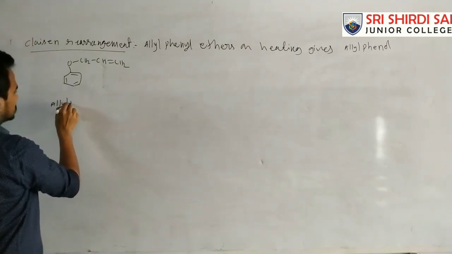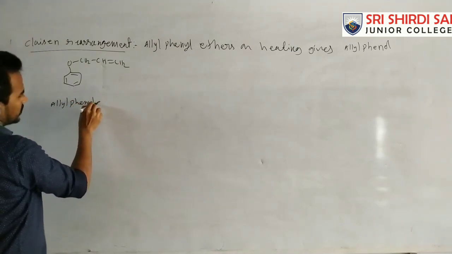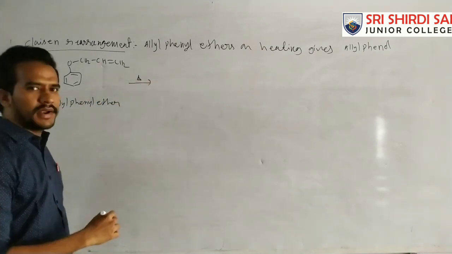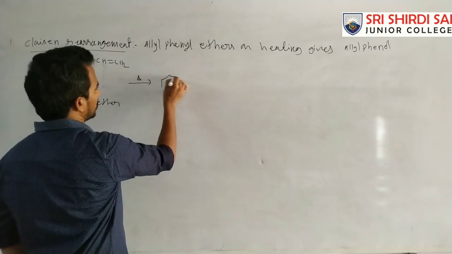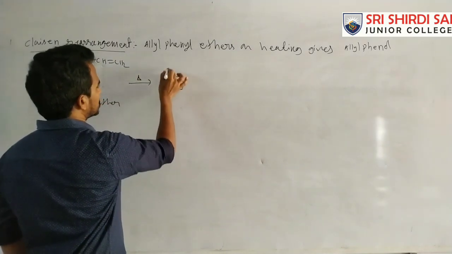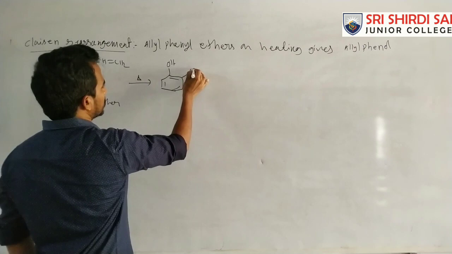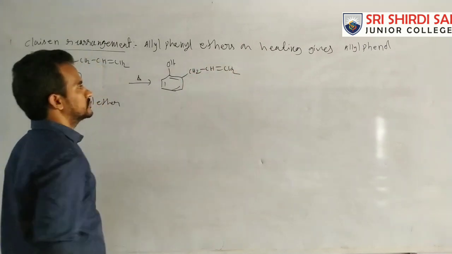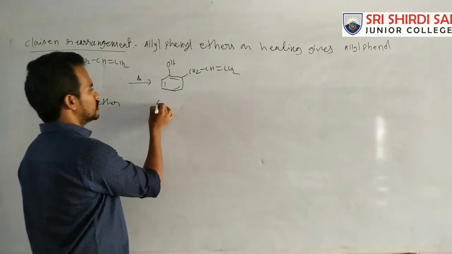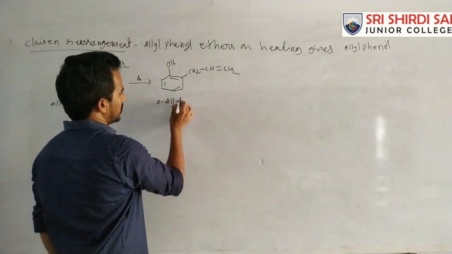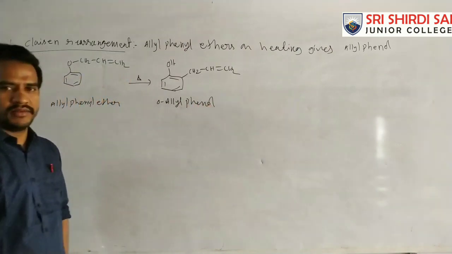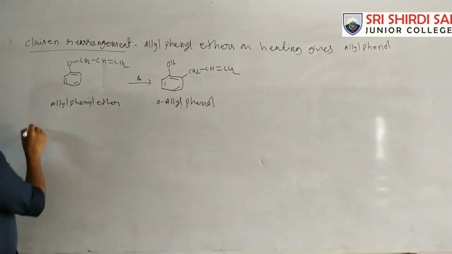On heating, it rearranges to a phenolic compound, with CH2CH double bond CH2 on the ring. This is ortho-allyl phenol. So how does this reaction take place? Let us discuss the mechanism.